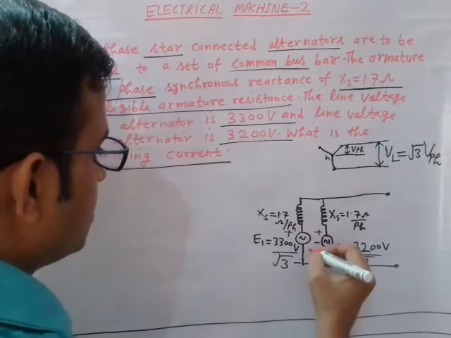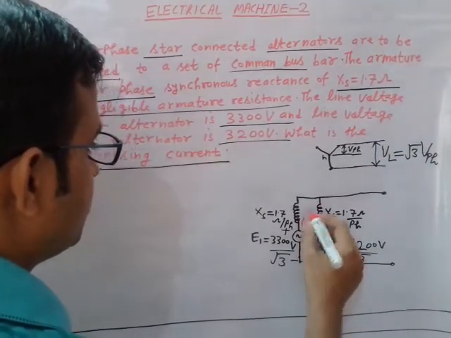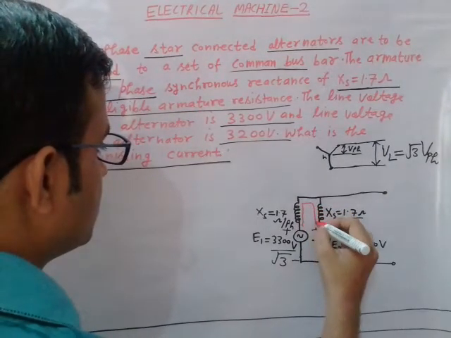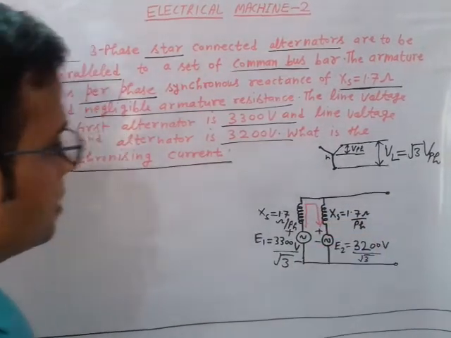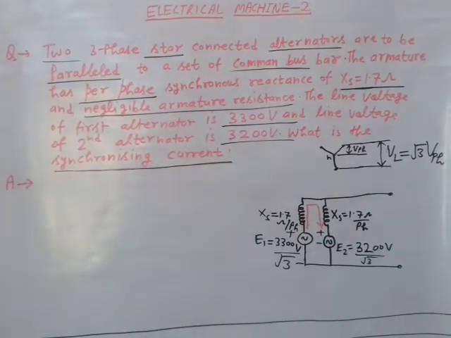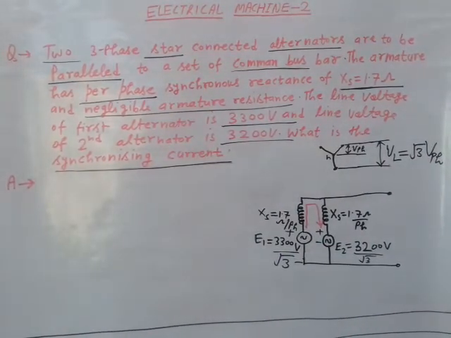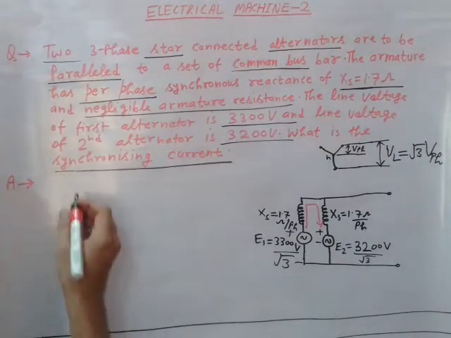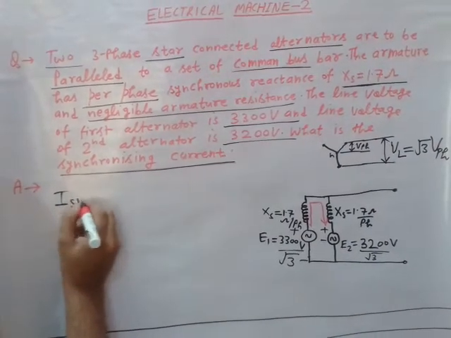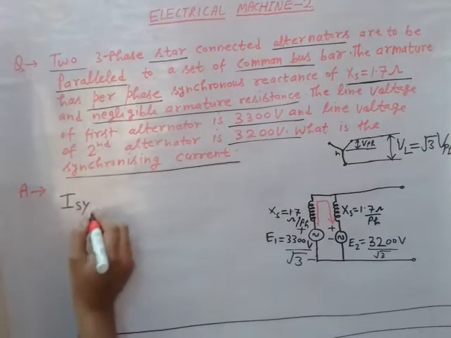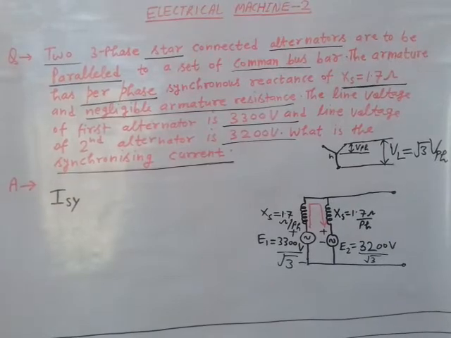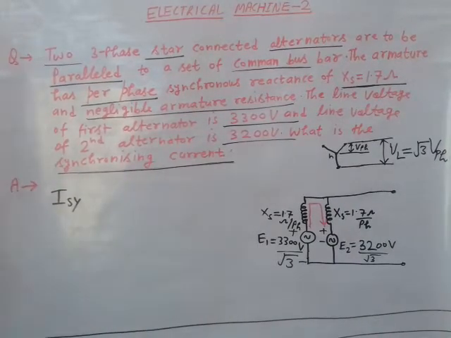So that is the path of the synchronizing current. Let me call this I_SY, where SY stands for synchronizing current. This is the synchronizing current that you have to find out.